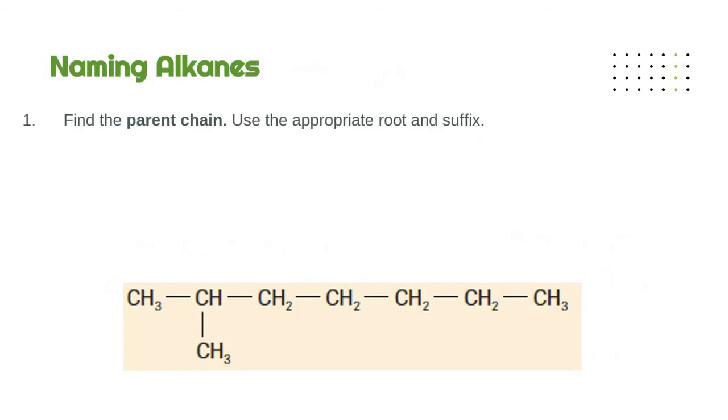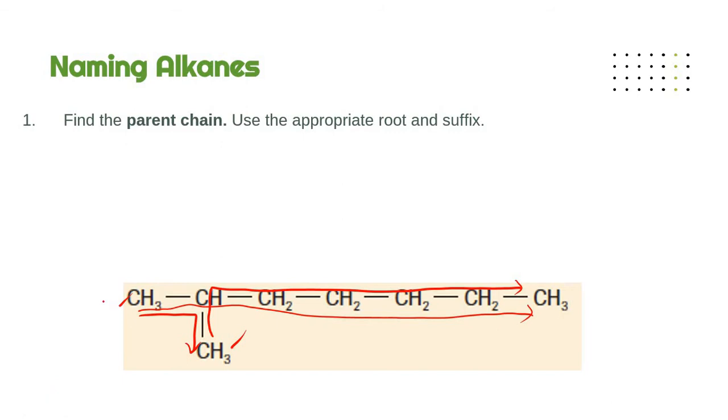Okay. How do we name alkanes? Number 1, find the parent chain. Use appropriate root and suffix. What is the longest line that we can make? From here to here. We can also have from here to here, or just here to here. So the longest line that we can have is either starting here or starting here.